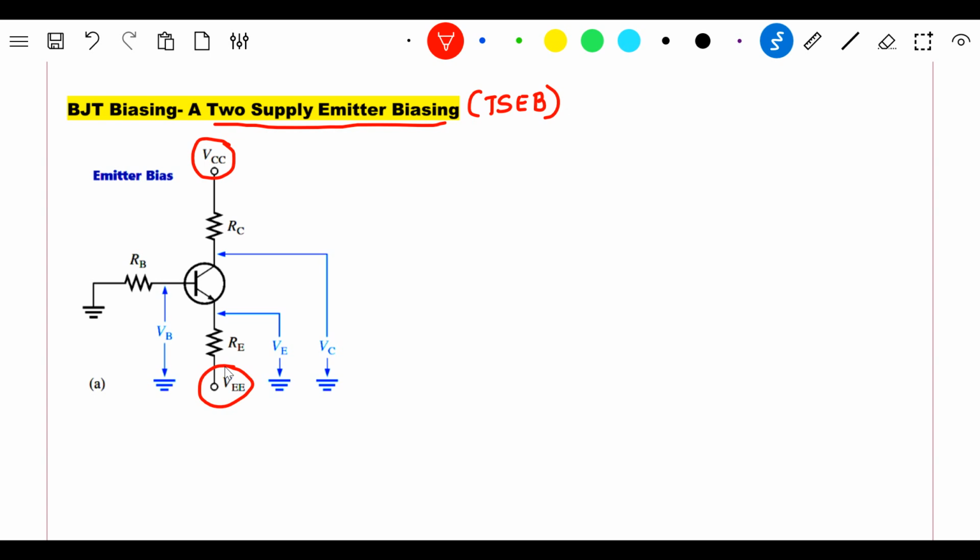This is the biasing circuit which is normally used to design an op-amp. Op-amp means operational amplifier.